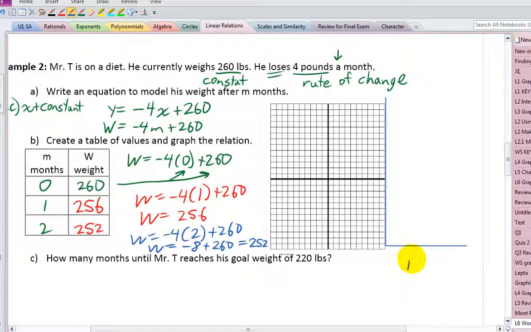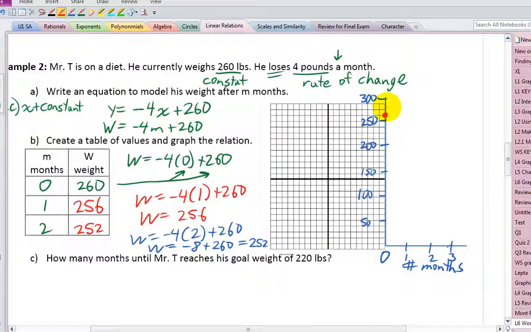Okay, so this would be the number of months. 0, 1, 2, 3, and we're starting at 260, so let's go 50 pounds, 100 pounds, 150, 200, 250, 300. So starting weight of 260 means he started right about here.